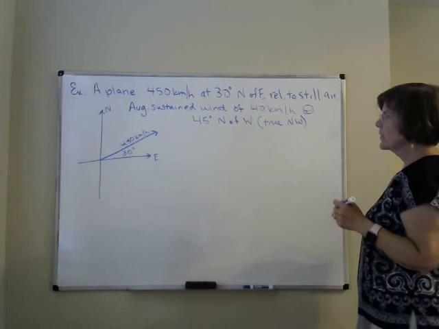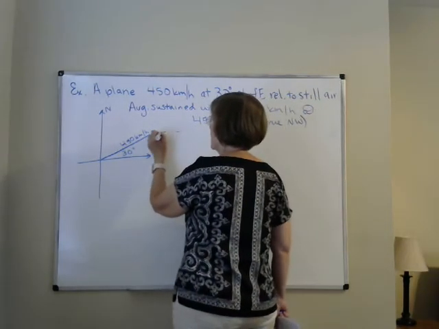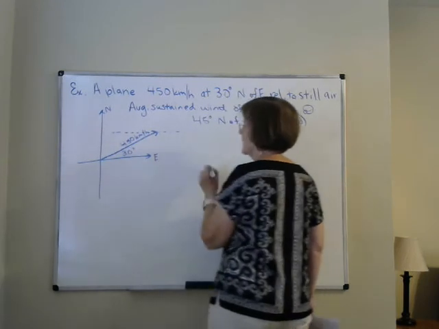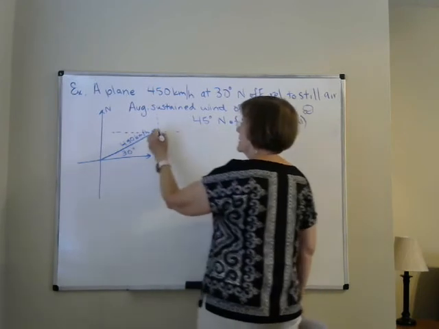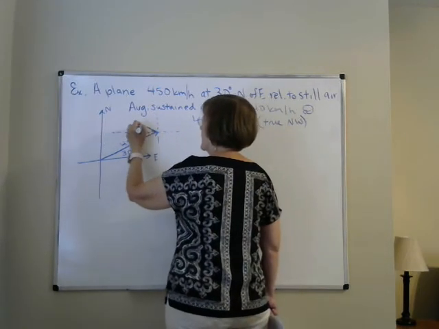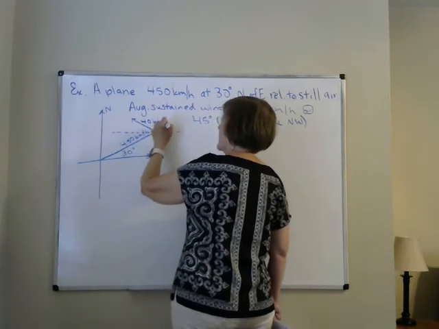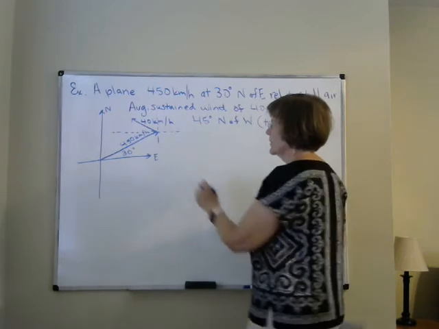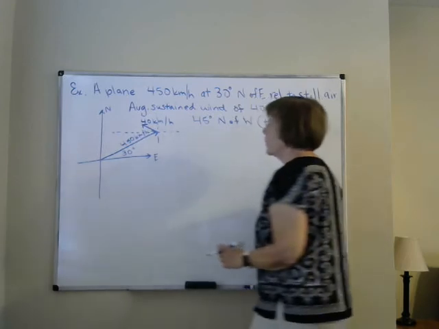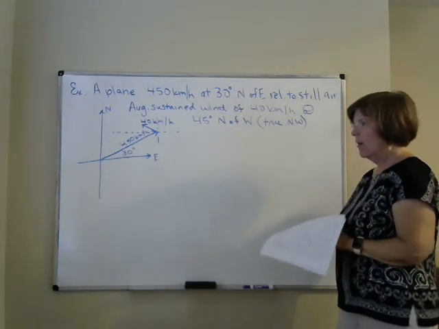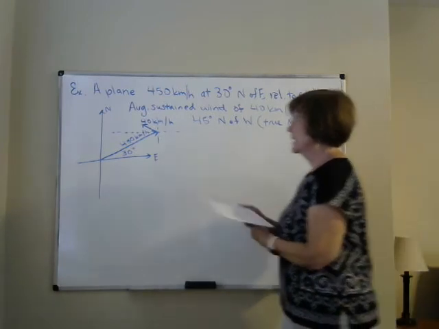We need to picture another horizontal, another coordinate plane right there. It's going off this way, 40 kilometers per hour. We can see that the wind is going to blow our plane off course. It's going to change the velocity of the plane.